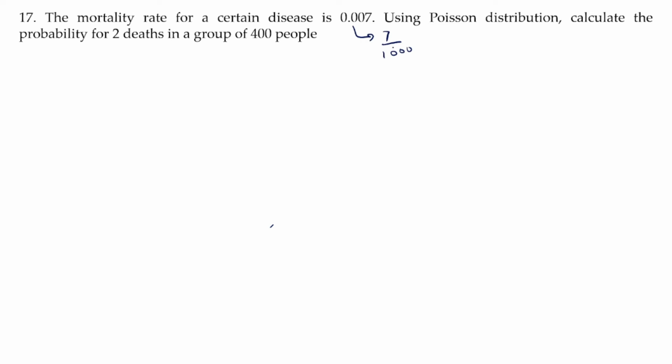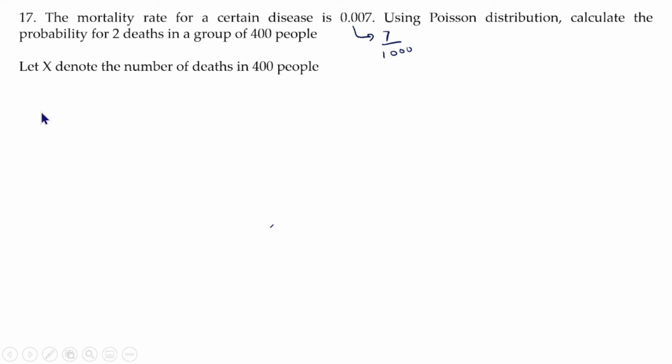That is, in every 1000 people, the mortality rate is 7. Now, we have to find the probability of 2 deaths in a group of 400 people. So here we have to take the width as 400 by 1000 to find this probability.